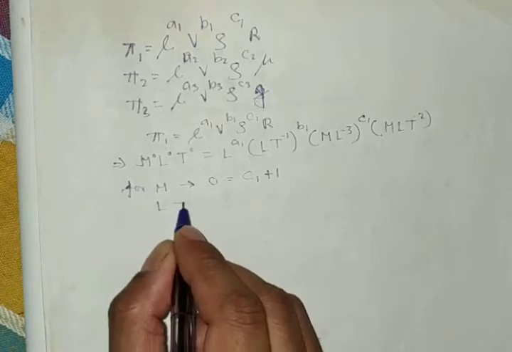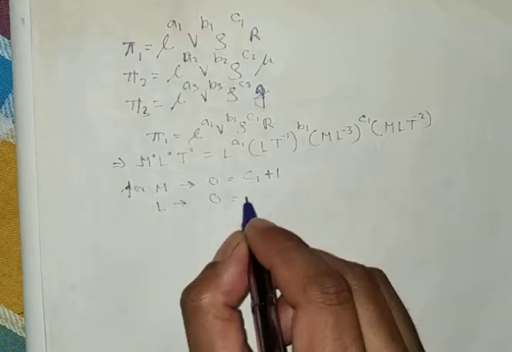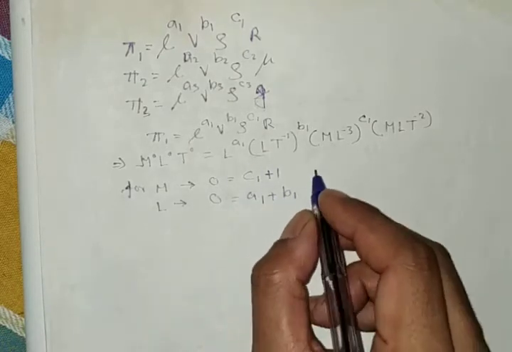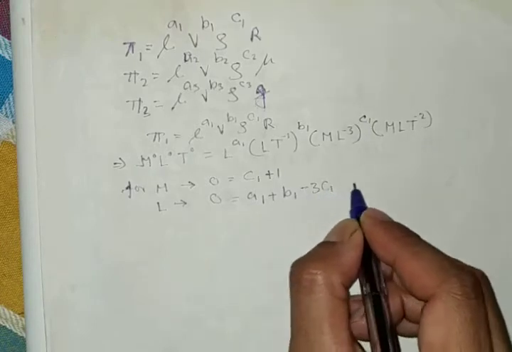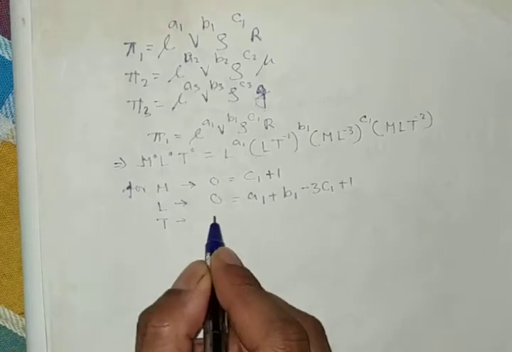Similarly for L, 0 is equal to A1 plus B1 minus 3C1 plus 1. And for T also this will be 0. It will be minus B1 minus 2.